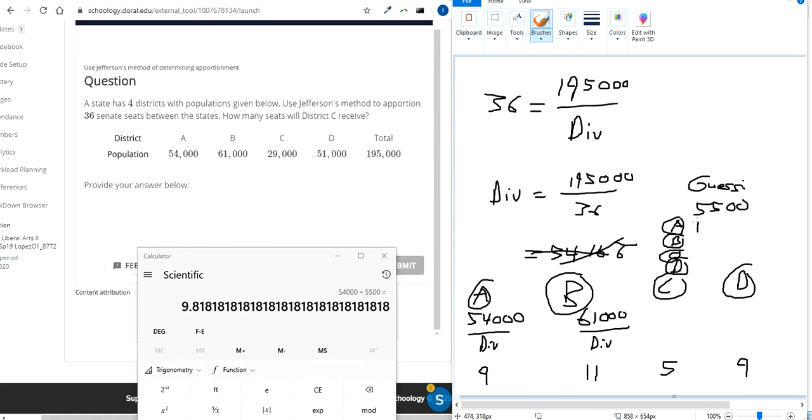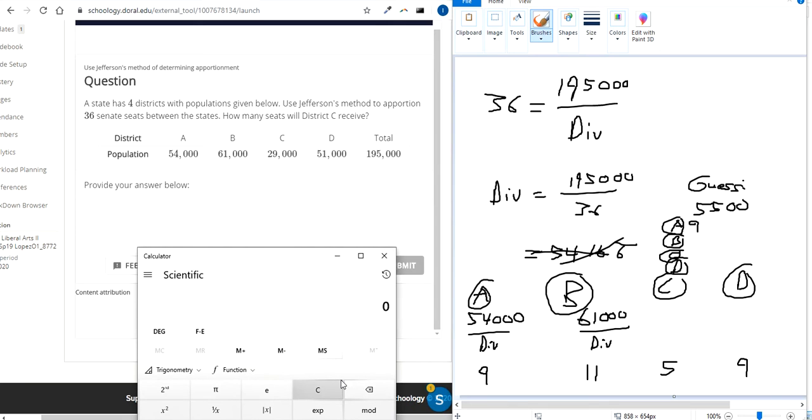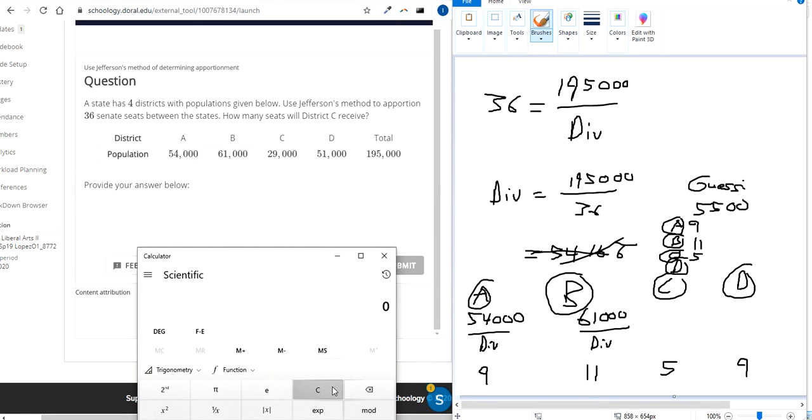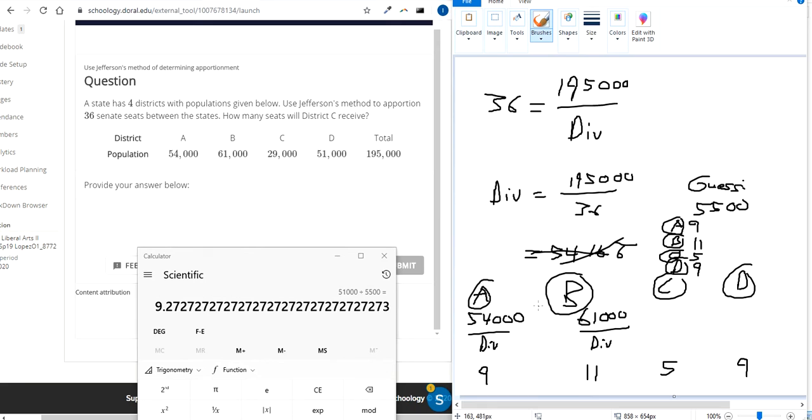So we get 9 for Group A. For Group B, 61,000 divided by 5,500, there's 11 when we drop the decimal. Looks like we're going to fall into the same trap. Group C, 29,000 divided by 5,500, you get 5. And then Group D, 51,000 divided by 5,500. The guess hasn't helped us because we got the same number of senators. We still have a surplus of 2. So that guess is bad.